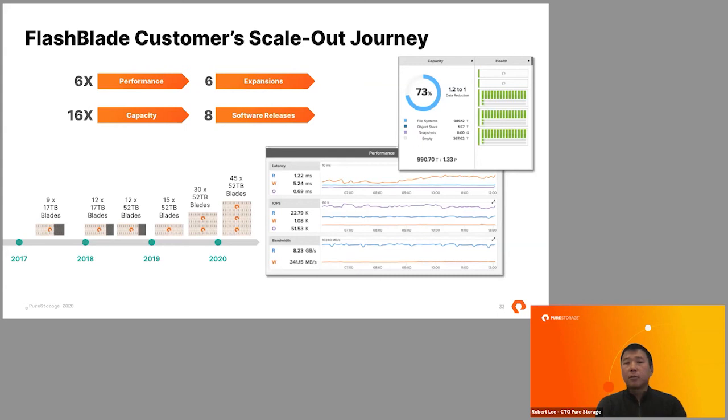This has all been non-disruptive, getting back to our focus on delivering on the Evergreen promise, the idea that we're going to help customers transition and evolve through their expansion journey. And this has all been performed very fluidly without any sort of reconfiguration, any sort of redesign of their application stack, right?